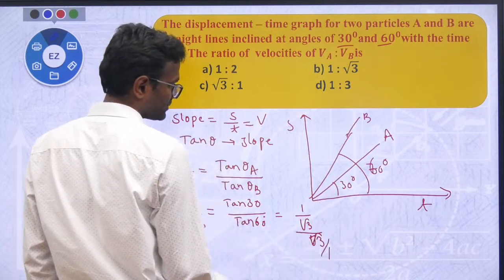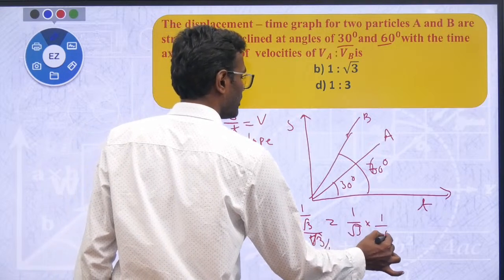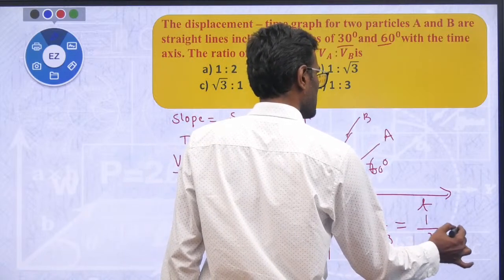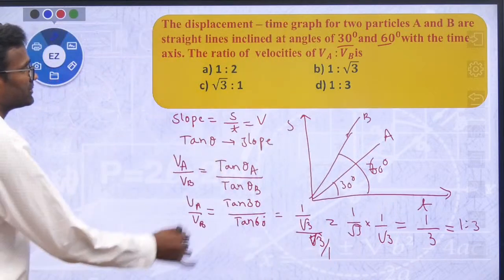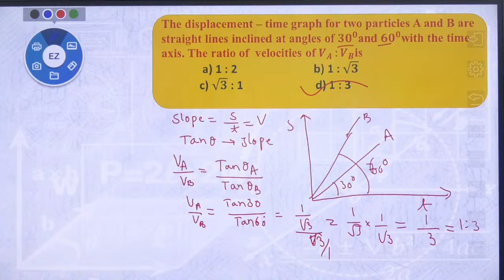Then 1 by root 3 into 1 by root 3 gives 1 by 3. That means 1 is to 3. Your answer is 1 is to 3. So the answer is D.